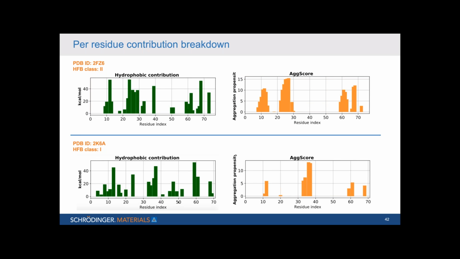And if you can compare different types, ones that have higher aggregation propensities, I mentioned earlier, that 40 to 50 range or close to there, depending on how much you shift the relative sequences, can have an important contribution to the overall aggregation. So something that has lower aggregation is going to have a different profile, even though the hydrophobic context and contribution might remain relatively the same or look the same.